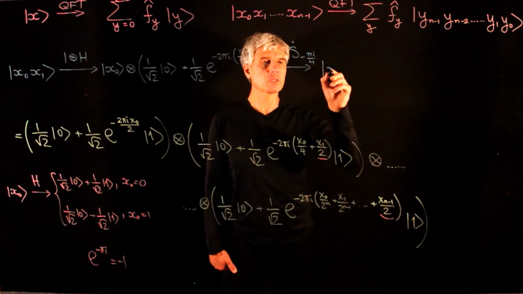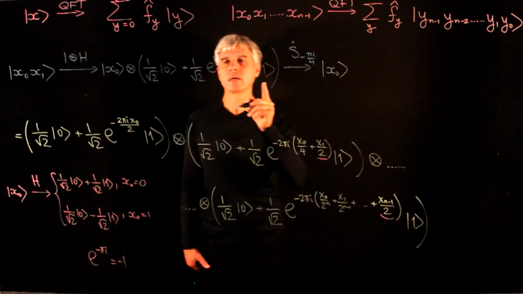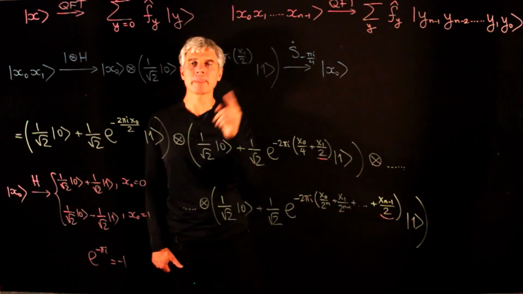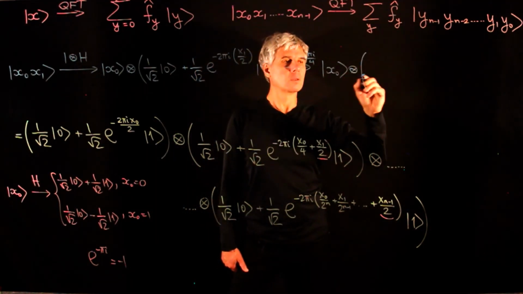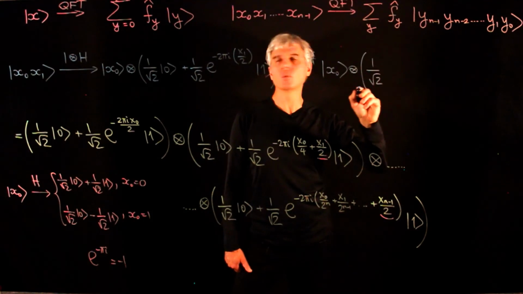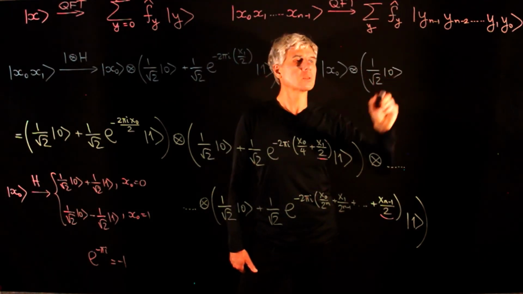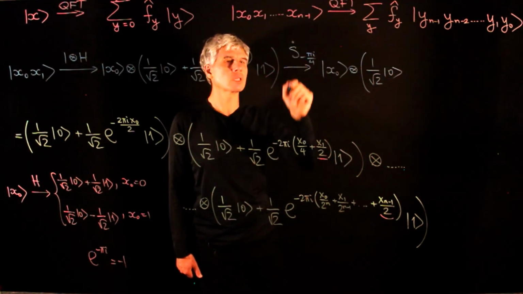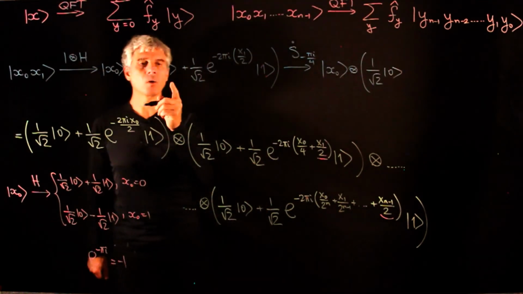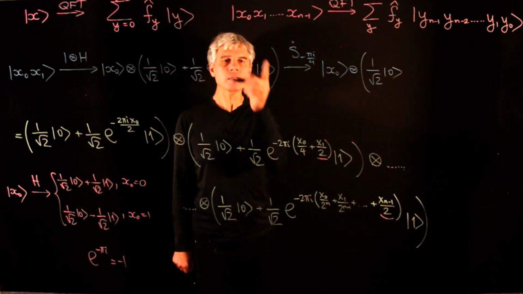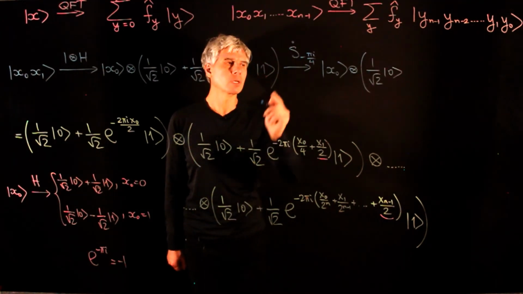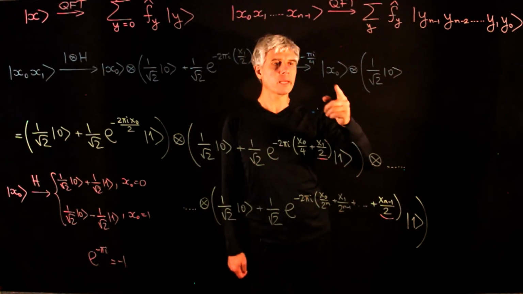So this will transform this tensor factor into 1 over square root of 2 times 0, right? So this phase shift does nothing on the first basis vector. And on the second basis vector, we apply the shift. But the shift is controlled by x0.